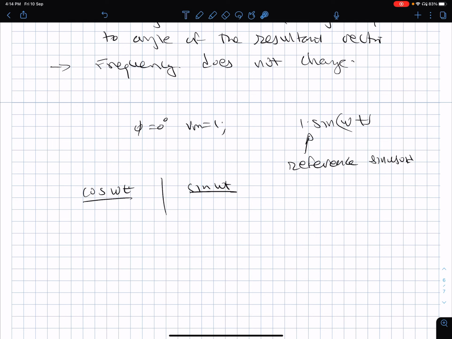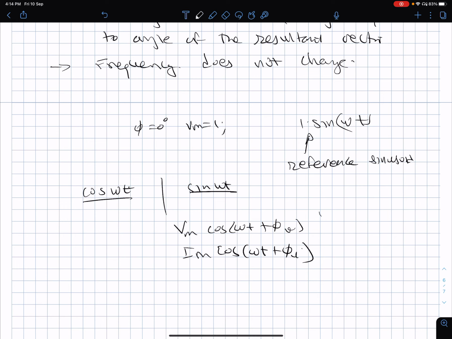If you choose sine as the convenient reference phasor, as I did everything with, fine. If you do it with cosine, then you should think of everything as Vm cos of omega t plus phi v, and for current you should think of everything as Im cos of omega t plus phi i.